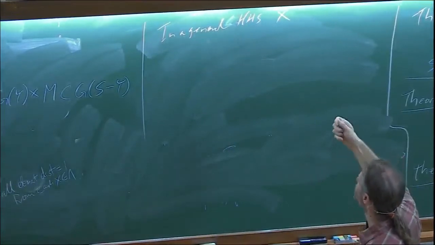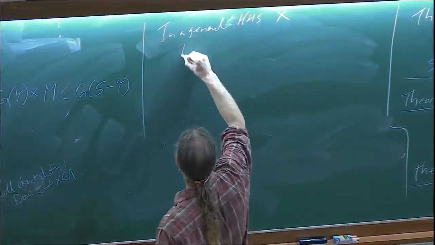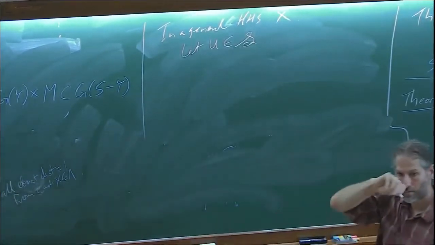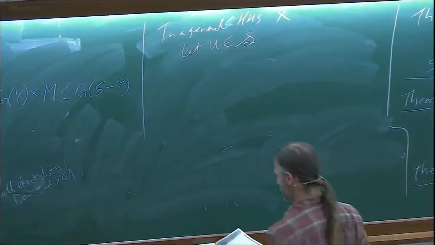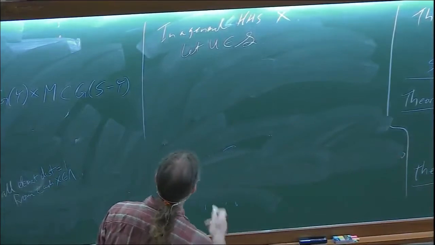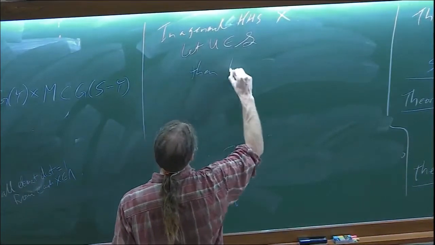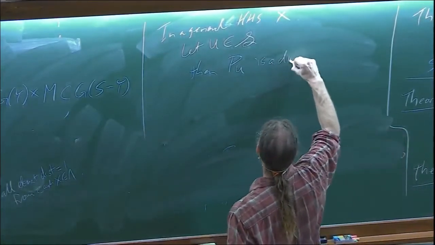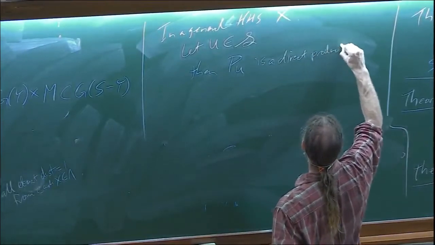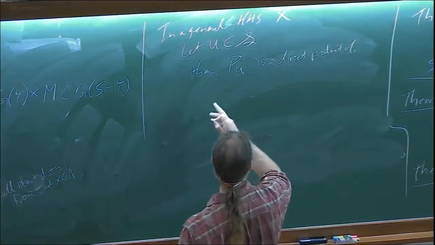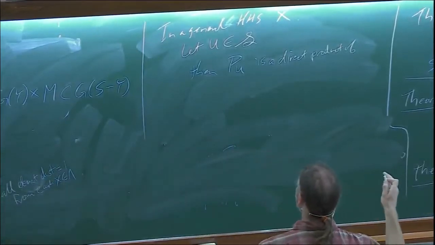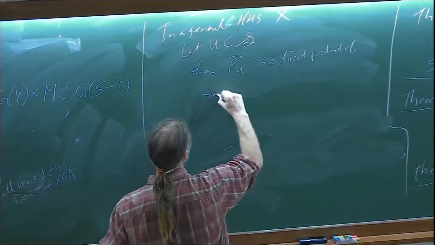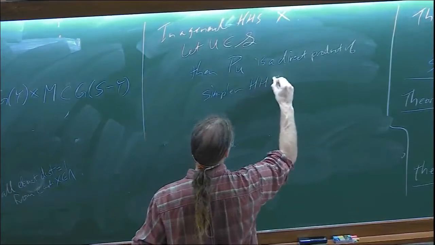You pick some element, so let U be in script S. Then what I'll call the product region associated to U, P sub U, is a direct product of simpler hierarchically hyperbolic spaces.